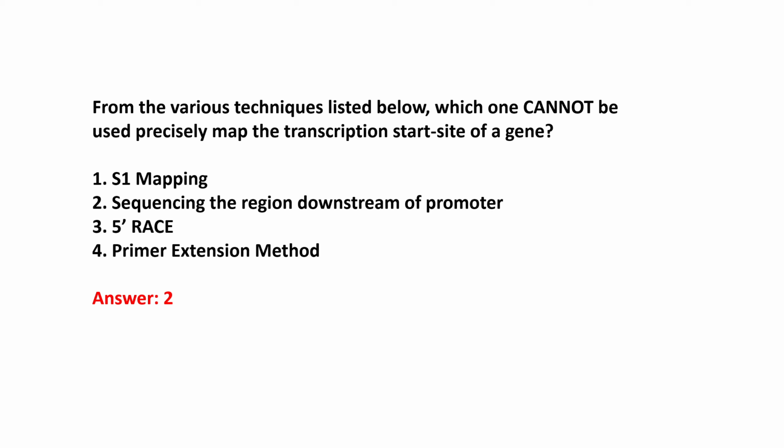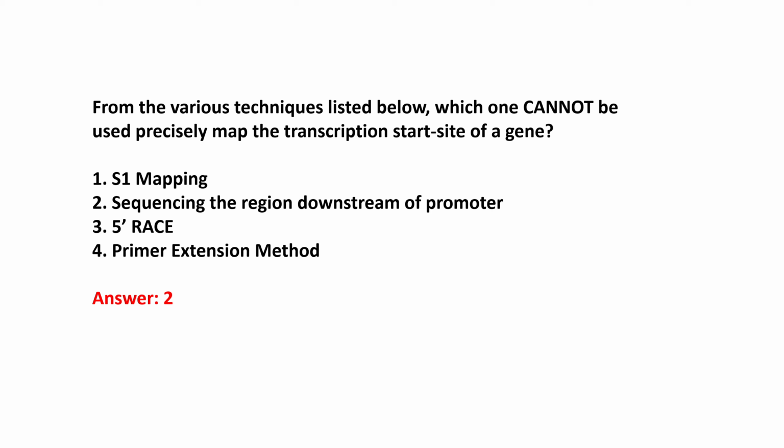Next. From the various techniques listed below, which one cannot be used to precisely map the transcription start site of a gene? The options are option 1, S1 mapping, option 2, sequencing the region downstream of the promoter, option 3, 5' RACE, and option 4, primer extension method.